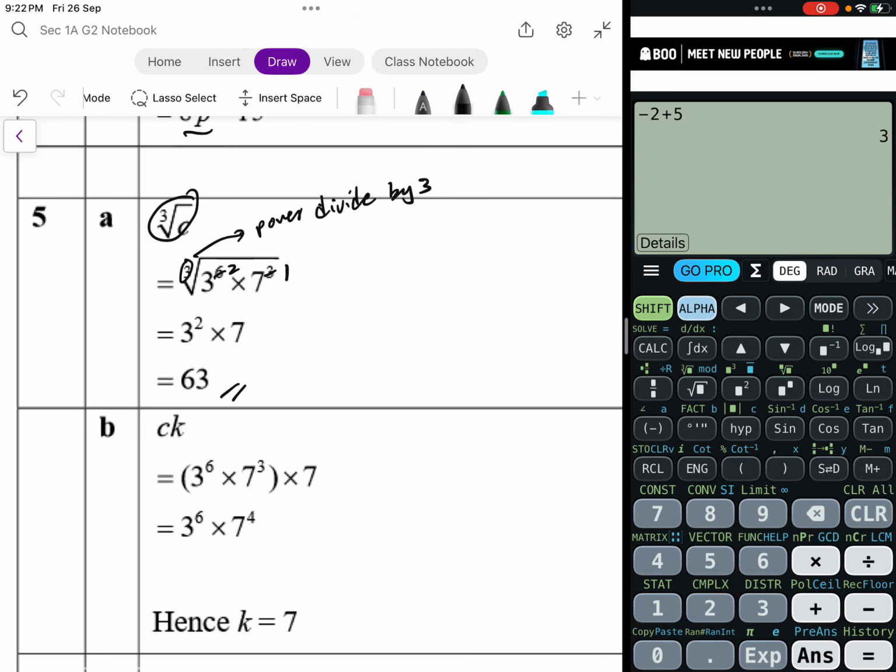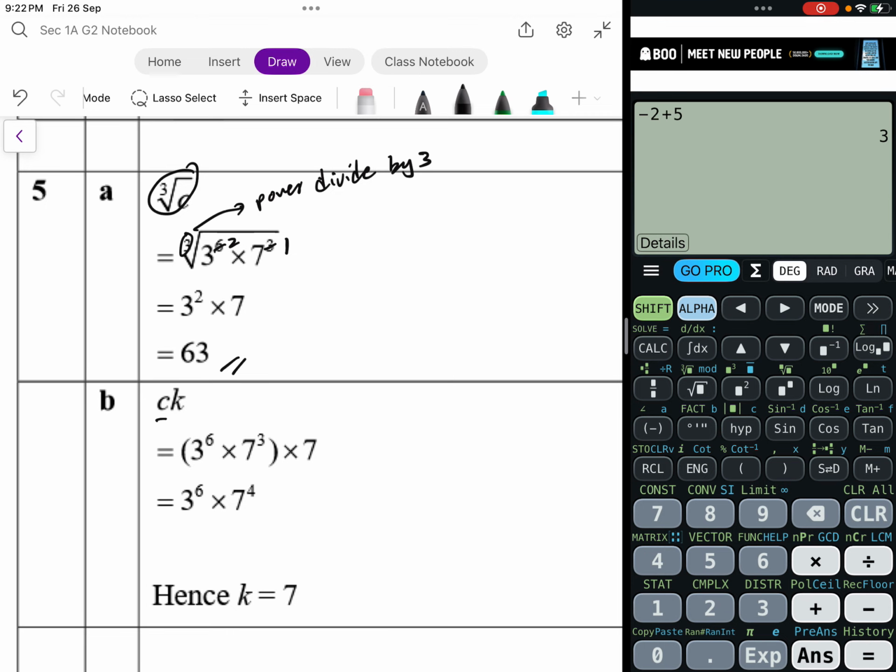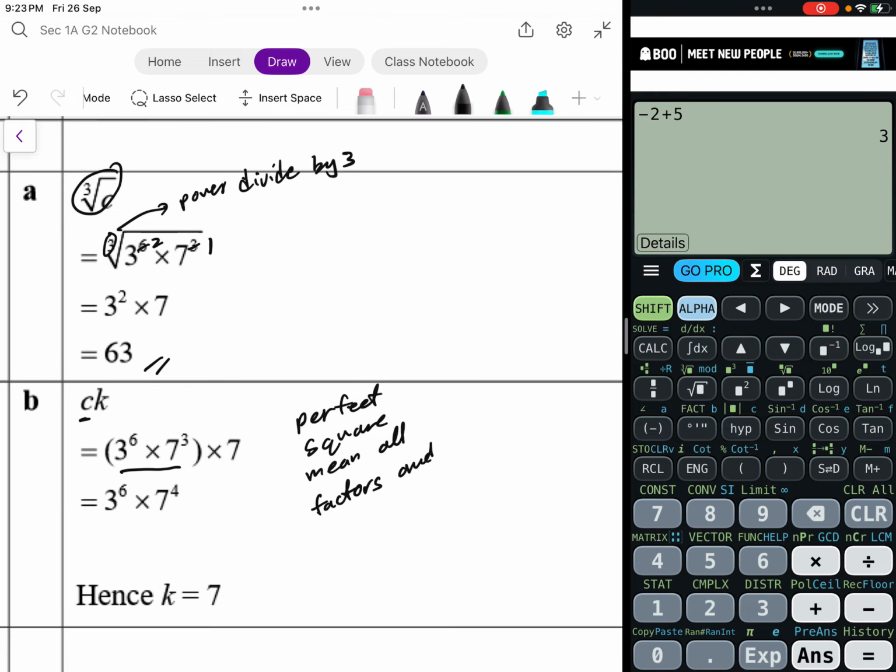Okay, so another question, if we know c is this, we need to know how to convert this into a perfect square. Perfect square means all factors are even power.